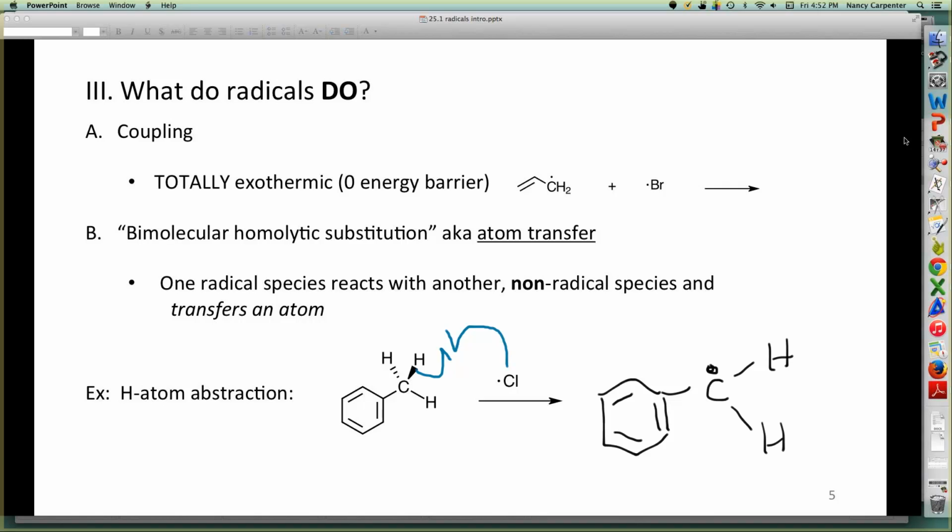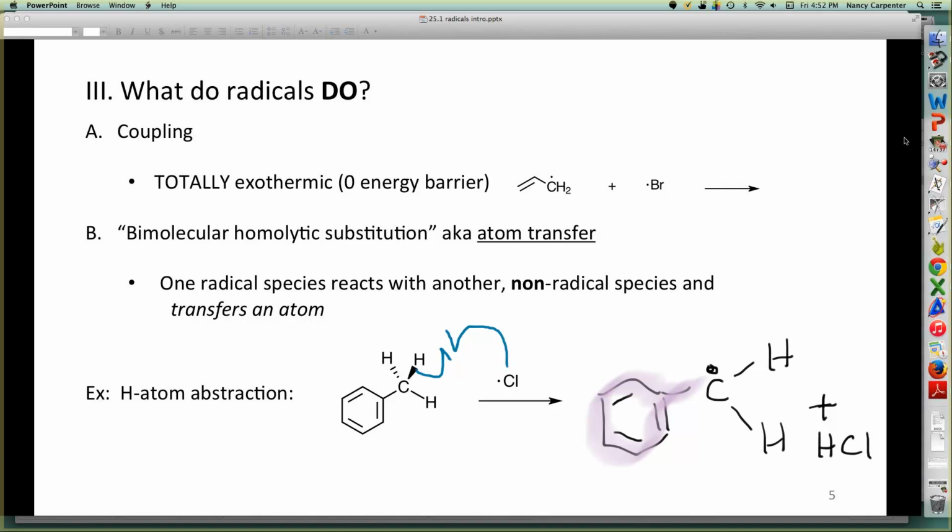So that can get delocalized all throughout the ring, and I would certainly encourage you to draw the resonance contributors. But basically, this is an example of atom transfer, and it's an illustration of how the most stable radical is going to be formed. Obviously, the other product in this step is HCl.